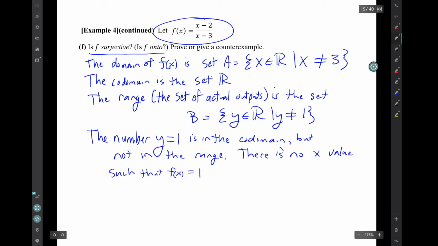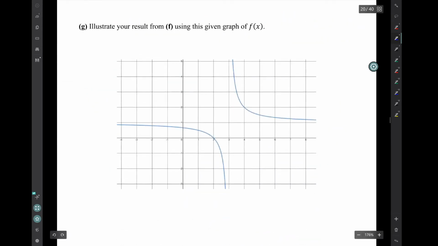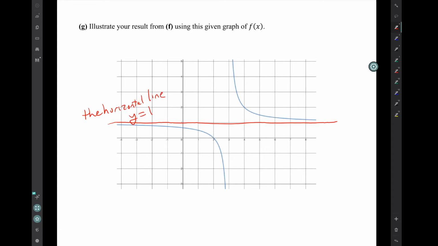So our function is not surjective. Let's go on. We're supposed to illustrate this using this given graph of the function f of x. Well, we see that here's a horizontal line of the form y equals b, where b is in the codomain. So this horizontal line y equals 1 does not intersect the graph at all.